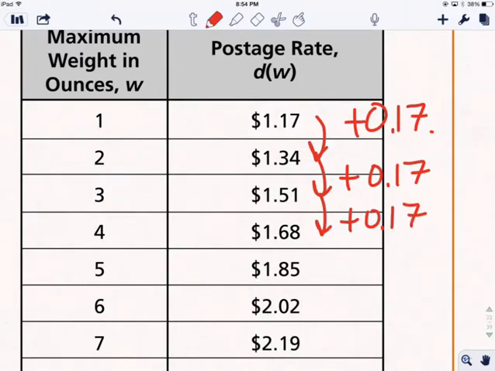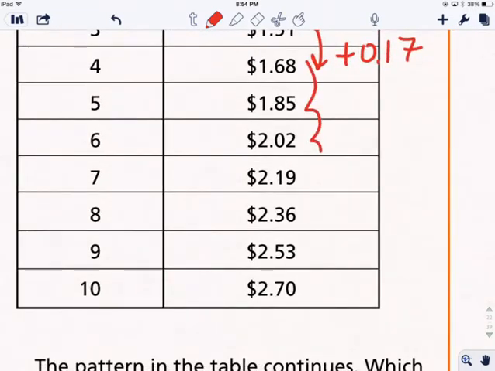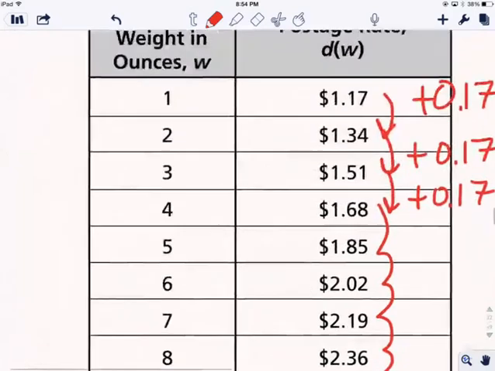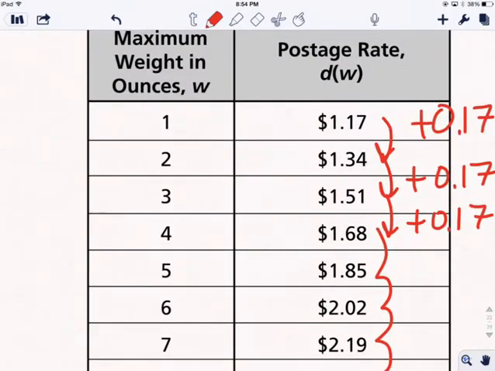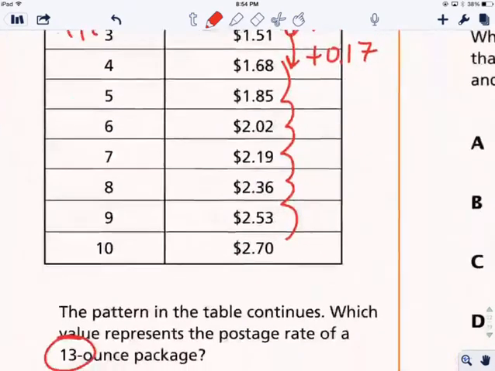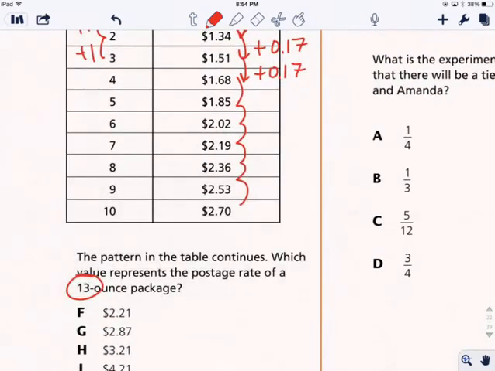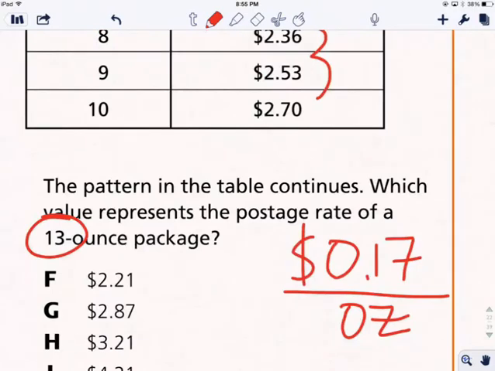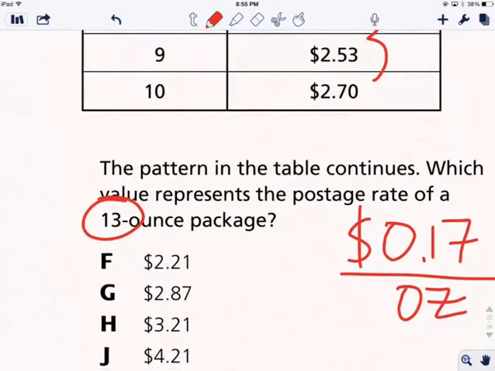This is true for every single row. And of course, the weight in ounces goes up by 1. So that means that the rate of change for this table is $0.17 per ounce.